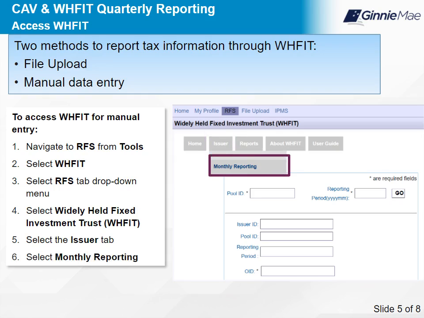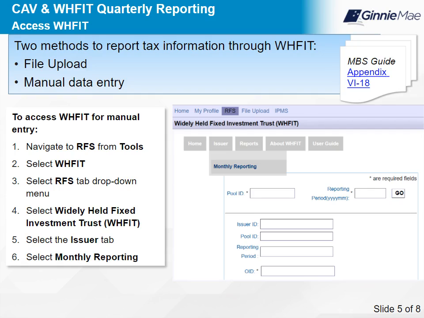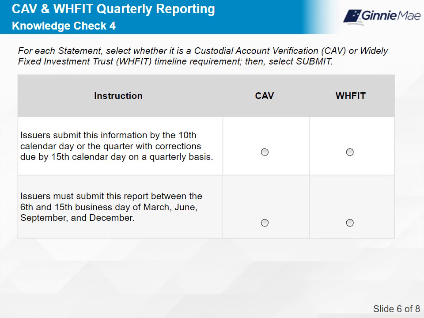Select Monthly Reporting. Each tax file submission must adhere to the file naming standards and conventions as outlined in Appendix 6-18, Widely Held Fixed Investment Trust. Select Next to continue. Now, try this knowledge check.